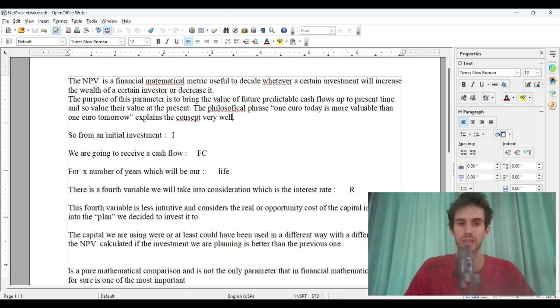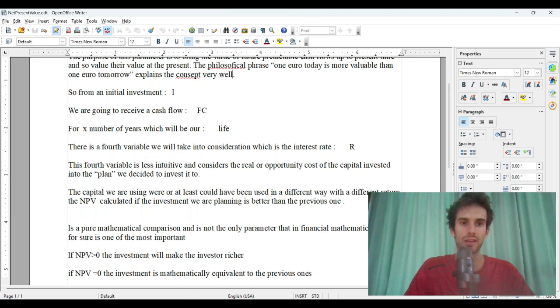So which parameters are we going to have? We are going to have an initial investment, E. We are going to have a cash flow, FC. We are going to have a number of years, and I decided to keep it as a life. So basically, I assumed that our investment will return a fixed rate, but theoretically it could be different.